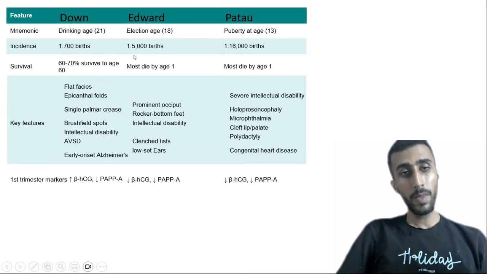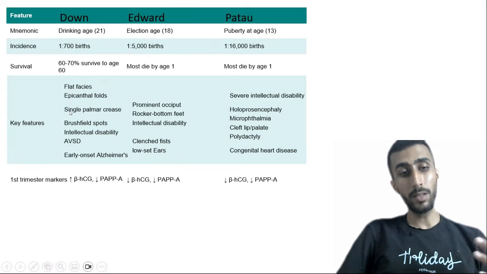But the survival is different. Down syndrome, 60 to 70% remarkably survive to the age of 60, very high yield. But Edwards and Patau syndrome mostly die by age 1. You have to know some key features to recognize them in the vignettes. So Down syndrome patients have flat faces and epicanthal folds above the canthus of the eye.